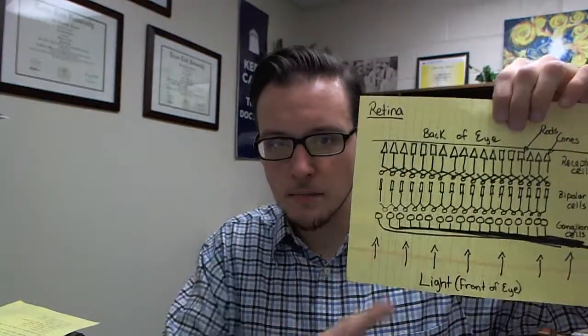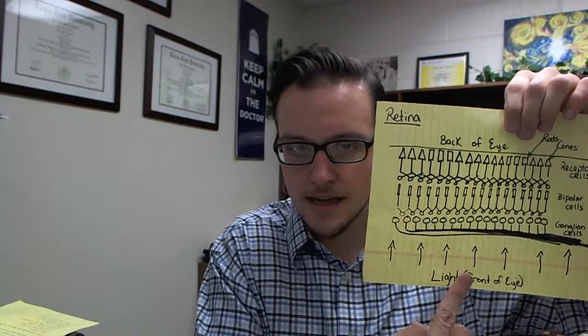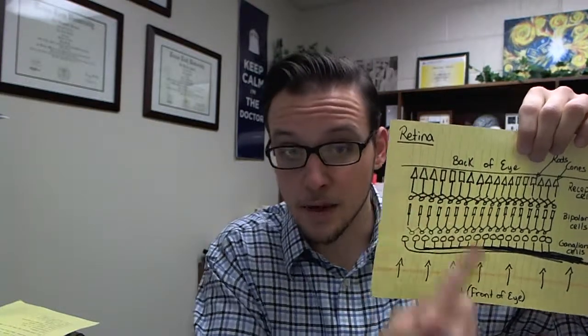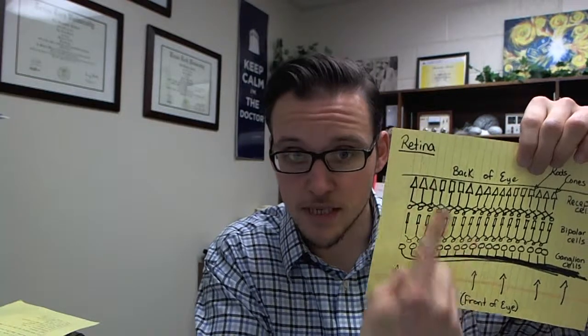And after they see light once, they can't see again because the pigment epithelium can't release the enzyme that regenerates them. So, it seems backwards, but here are your receptor cells, and light comes in this way. This is the back of your eye. Your pigment epithelium that regenerates your receptor cells is back here.